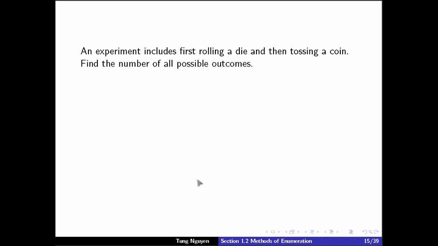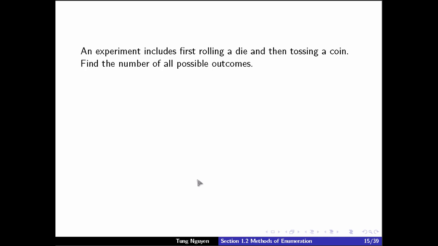Let's take a look at an example where we can apply this. We have an experiment including first rolling a dice and then tossing a coin. We want to find all possible outcomes.